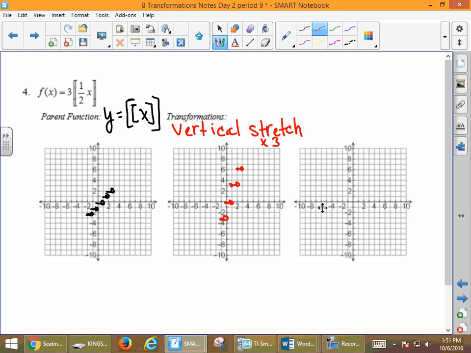Again, very hard for me to draw. But that's our vertical stretch. So the distance in between steps now is more. So it's at 0, 3, 6, -3, and -6.